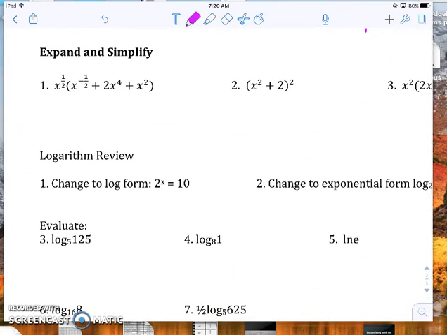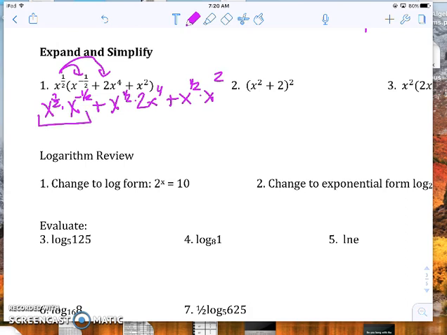Expand and simplify. So we have to distribute. So x to the half times x to the -1/2 plus x to the half times 2x to the fourth plus x to the half times x squared. And now let's deal with our bases.